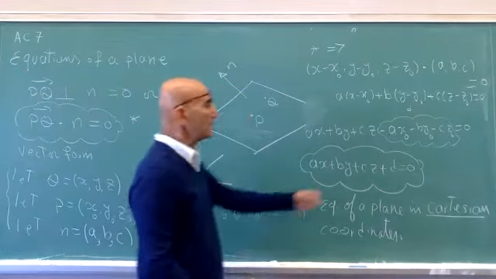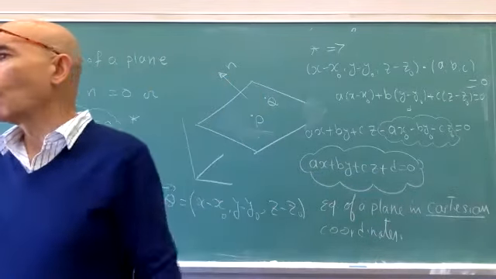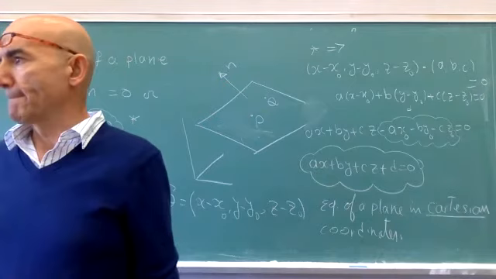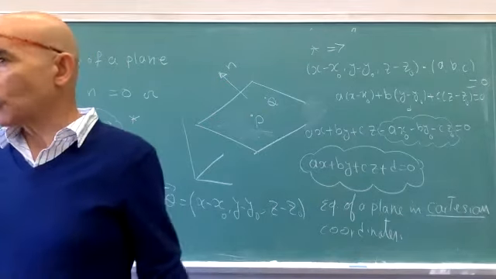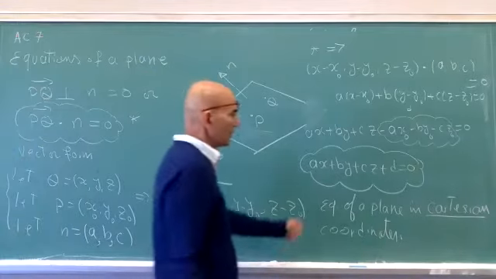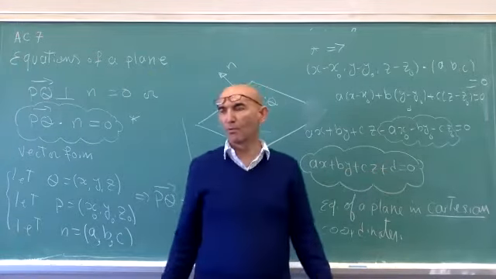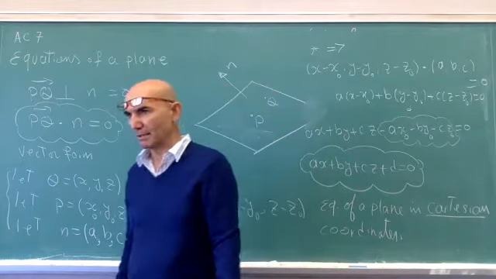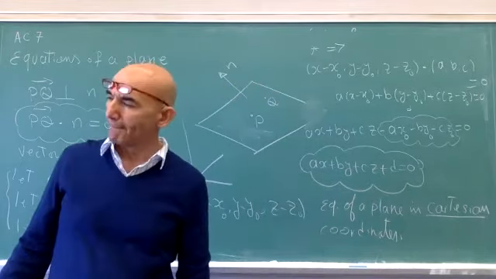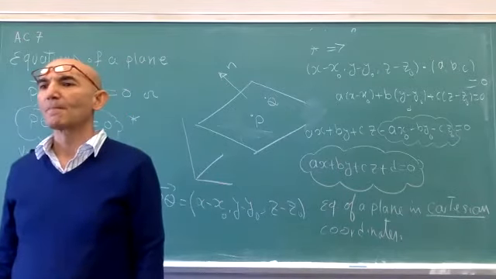But what about D? Can D be zero, for example, or should it be non-zero? It can be zero. It's completely okay to be zero. And if D is zero, what does it signal about the plane? Student: It's on one axis?